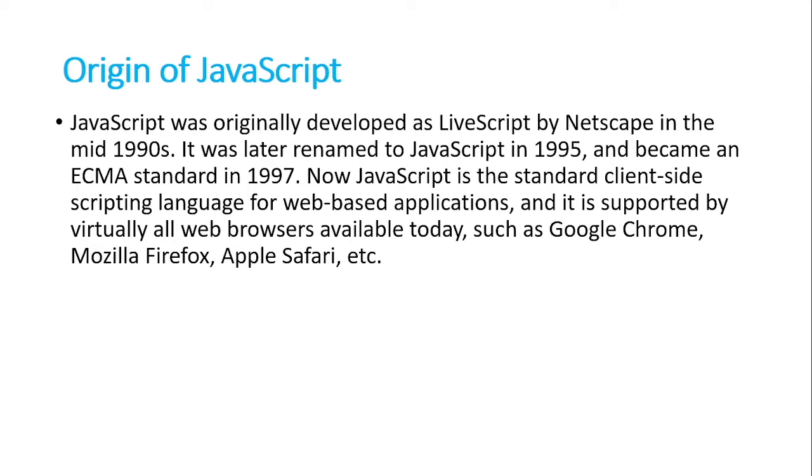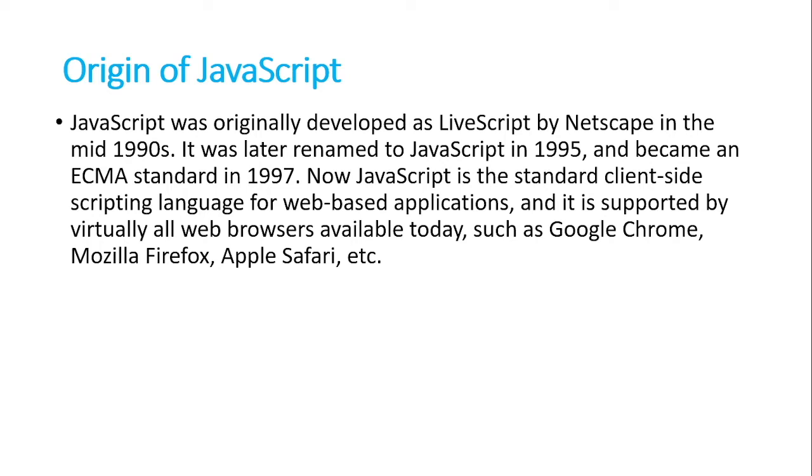In 1995, due to the popularity of Java, it was renamed as JavaScript. Earlier, it was named LiveScript. It became an ECMA standard in 1997. So ECMA adopted it and started managing it and releasing its new versions.